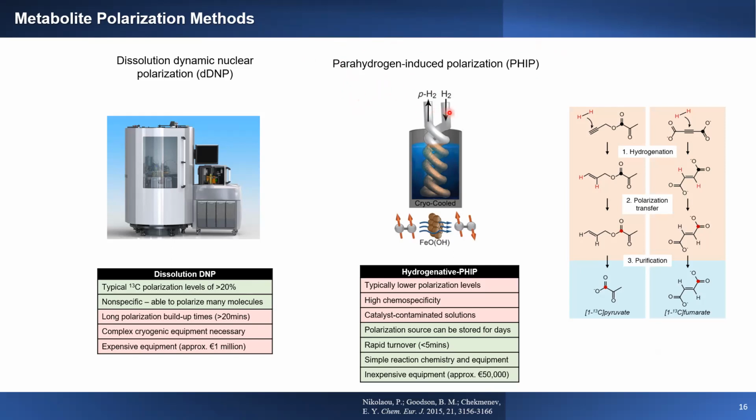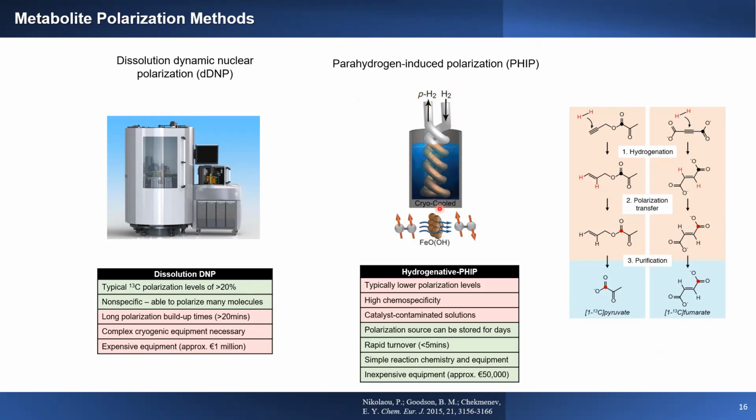And with this method, you can create hydrogen gas in, well, let's call it a hyperpolarized state, parahydrogen. It's probably not quite correct to call it hyperpolarized because it carries no net magnetization, parahydrogen, but for the sake of this talk, let's say you can produce this hyperpolarized form of hydrogen gas.